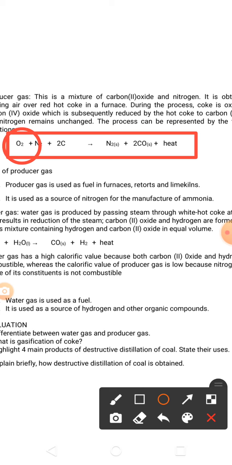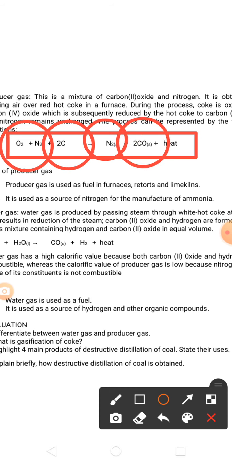Inside air, there are three major gases there. You have oxygen, you have nitrogen, you have carbon dioxide. So that's why here you see O2 and N2. That's oxygen and nitrogen. And you see the coke itself. This is the coke here. Where you see 2C, that's the coke. And then it will give you N2 plus CO. Sorry, CO, not CO2, CO. You see those things.